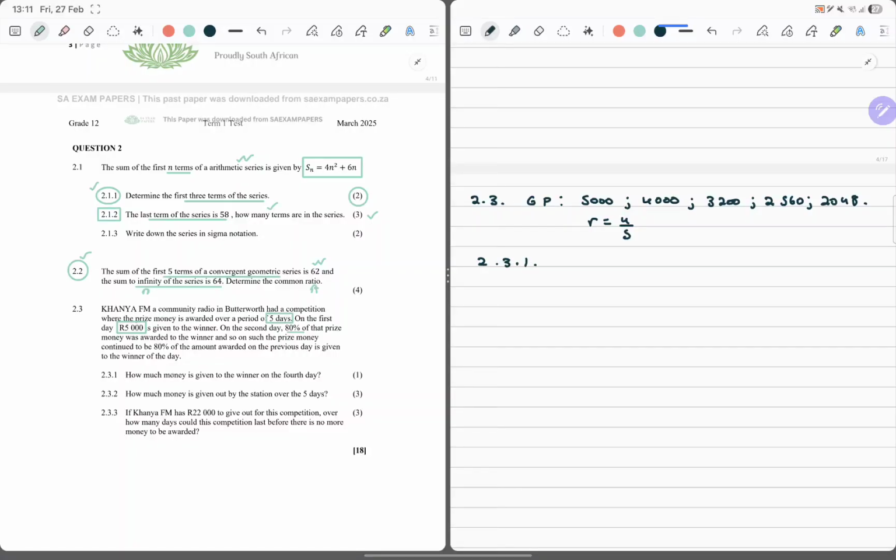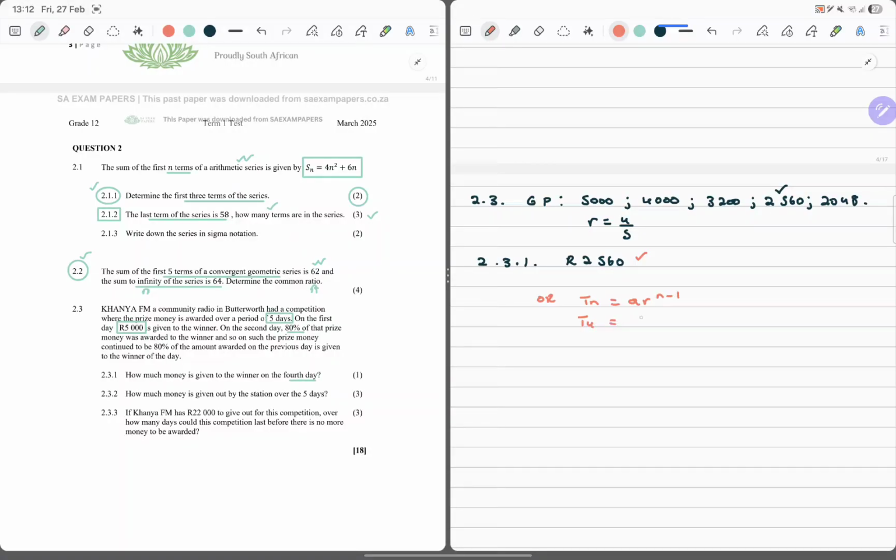Question 2.3.1 says, how much money was given to the winner on the 4th day? We did it. So this is going to be 2,560 rands. Nice and easy. Or, for those of you, this is just for 1 mark, you can say T sub n is a r to the n minus 1.